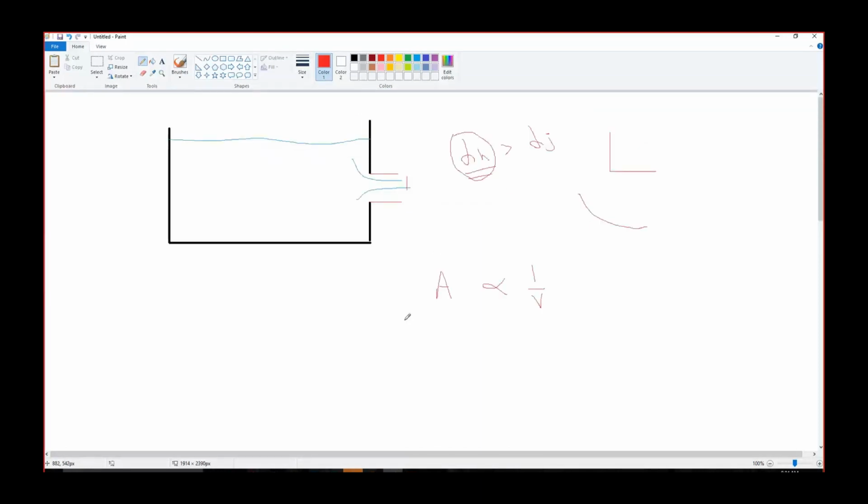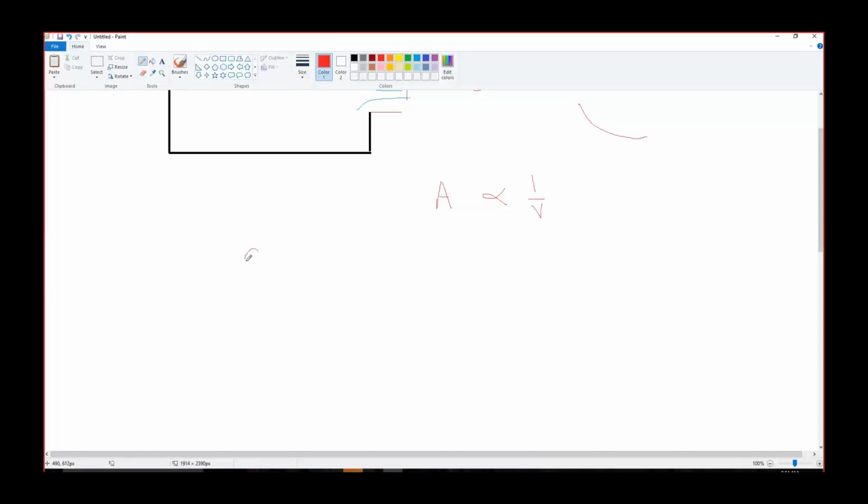We use a correction factor, which we call CC, which is the ratio of the area of the jet divided by the area of the hole. And if the hole and the jet are circular, we can also write it as the diameter of the jet divided by the diameter of the hole, squared. Clear?